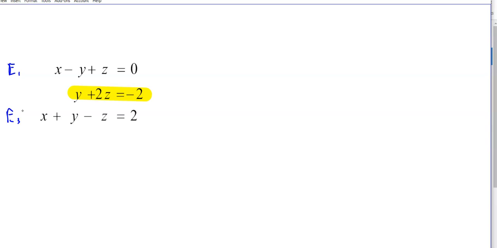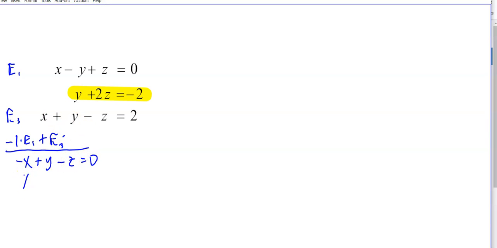Sometimes you just have more trouble with this one than just a 3 by 3. This is almost a 3 by 3. It just doesn't have an X there. Okay, so let's see if we do -1 times E1 plus E3, that should get the variable to go away. So we get -X plus Y minus Z equals 0.